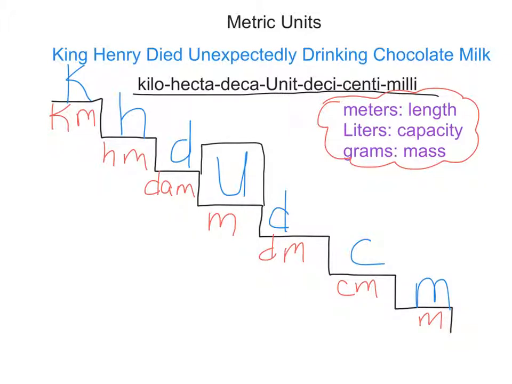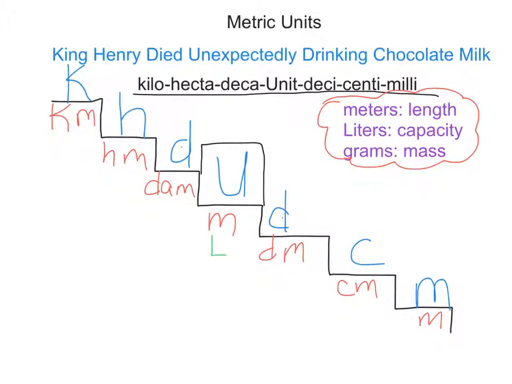And notice that we have two D's, so we have to make sure we understand which is which. So for the decameters, for the term deca, use the abbreviation DA, and for deci, we just use the abbreviation D.